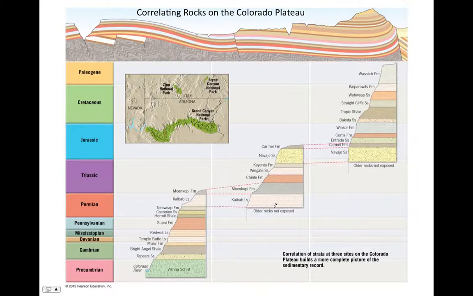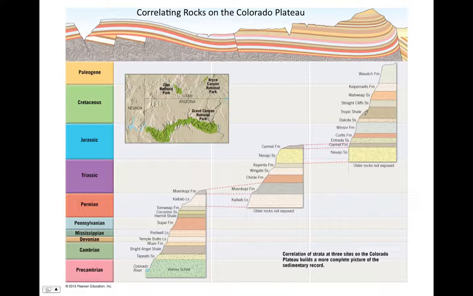And the older rocks that are exposed at Zion National Park, chances are they are here in Bryce Canyon, but just haven't yet been exposed by weathering and erosion. Then you can see the oldest exposed sedimentary rocks at Zion National Park, this Kabab limestone. It correlates with the youngest exposed sedimentary rock at the Grand Canyon. So we correlate them together.